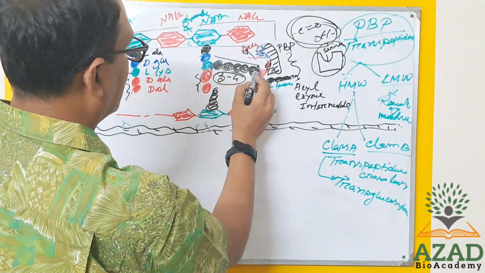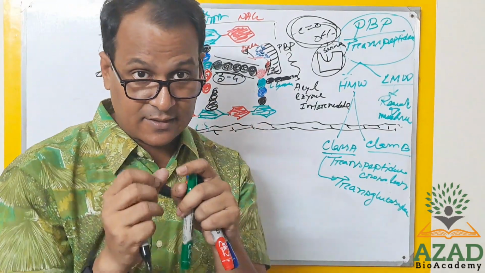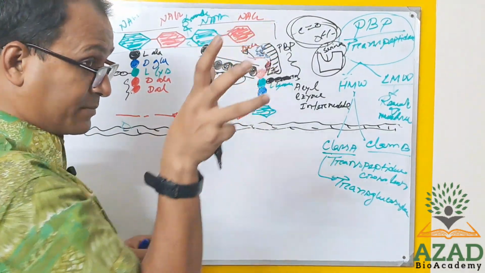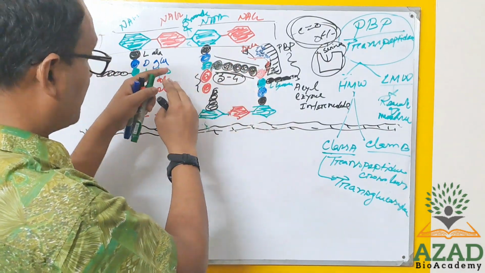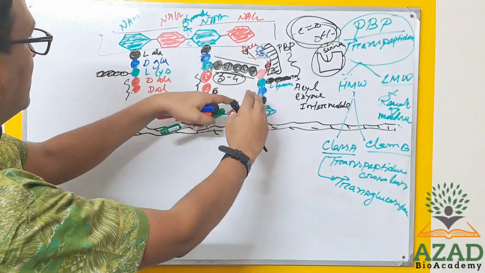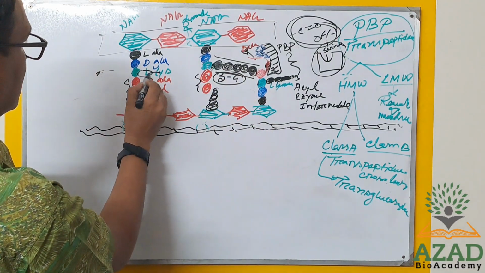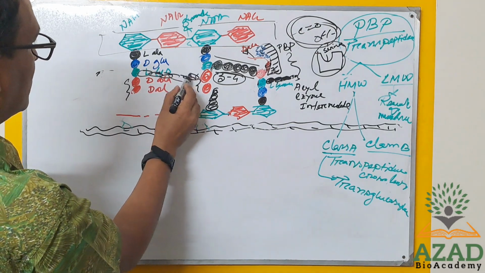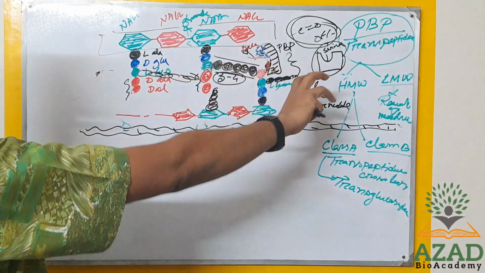That is pentaglycine cross-linking. And you know Staphylococcus aureus carries pentaglycine. So between them it will form a cross-link. So here also the pentaglycine will form with the 4th link. In that way it will form a bond by pentaglycine.